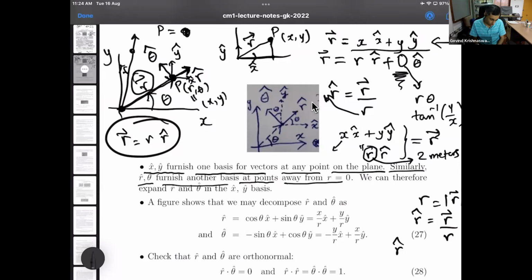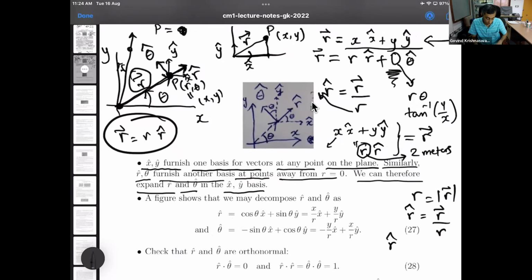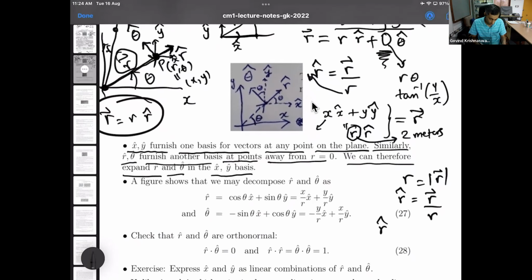If you leave out the origin, then r hat and theta hat also furnish a basis of orthogonal unit vectors. Therefore, we can expand r hat and theta hat in the x hat, y hat basis. By definition, a basis is a pair of orthonormal unit vectors such that any vector can be expanded as a linear combination uniquely. So let us do that: I am going to write r hat as a linear combination of x hat and y hat.